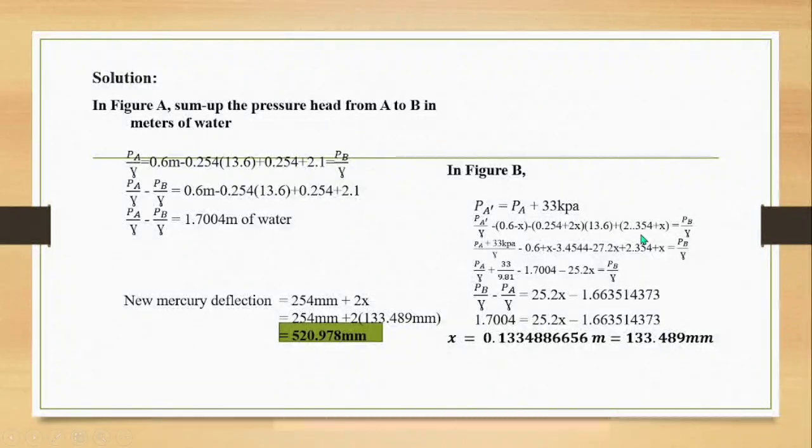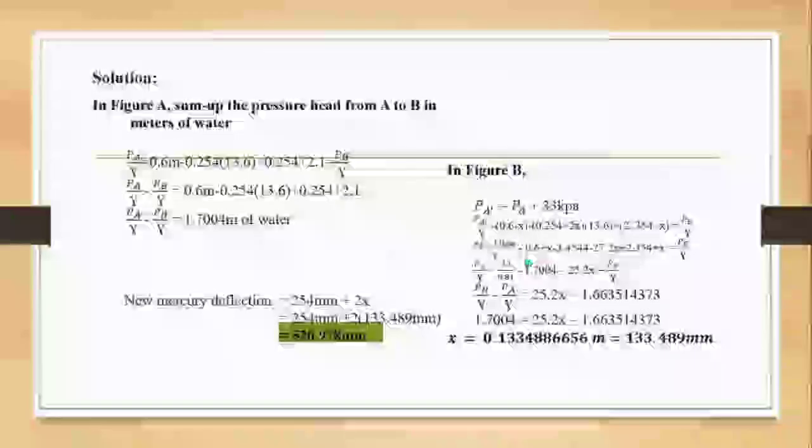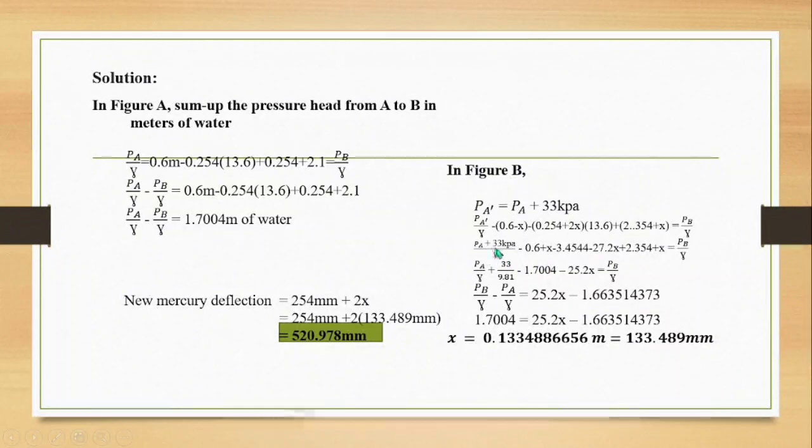So next is PA plus 33 kPa over specific weight minus 0.6 constant value plus x minus 3.4544 minus 27.2x plus 2.354.